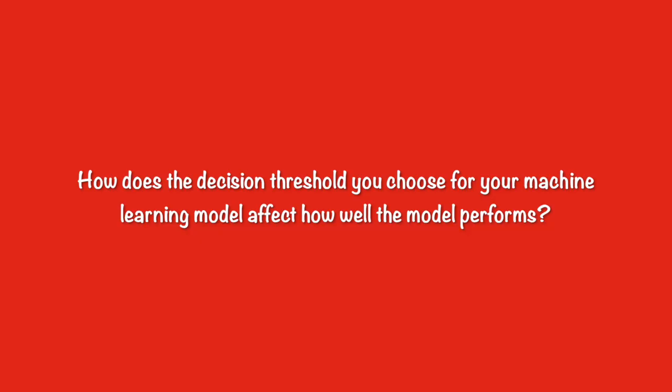This decision threshold directly affects the precision and recall values of your machine learning classifier. A very conservative classifier is one whose p threshold is very close to 1, very close to 100%. This will have a very low recall but a very high precision. On the other hand, if your classifier is not conservative enough, where the p threshold is closer to 0, you'll have a very high recall but very low precision.